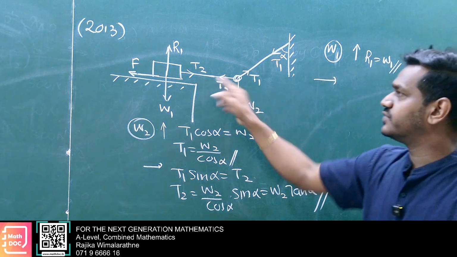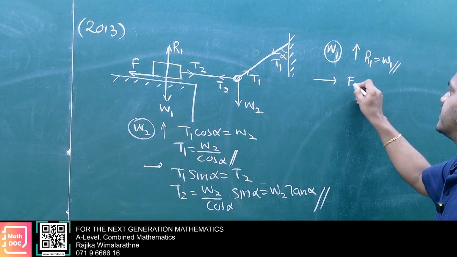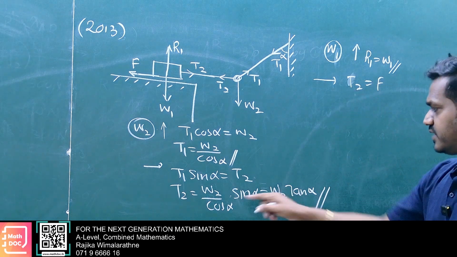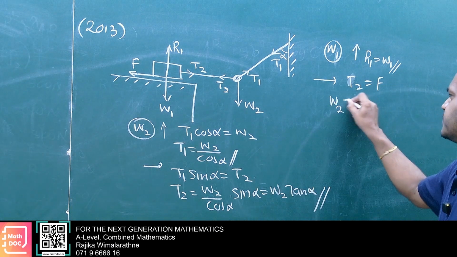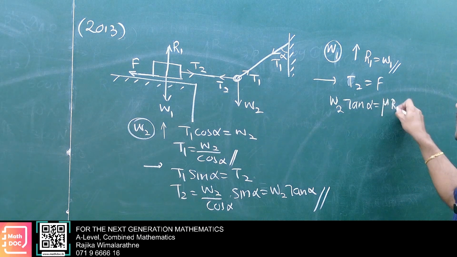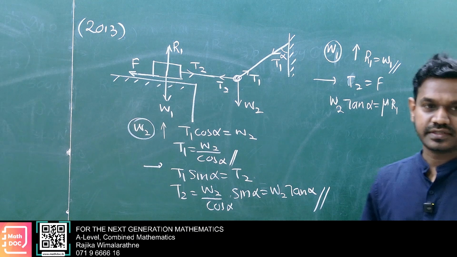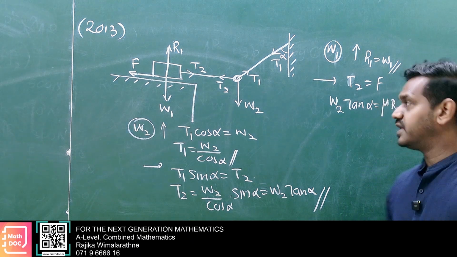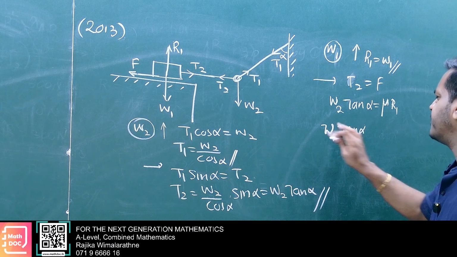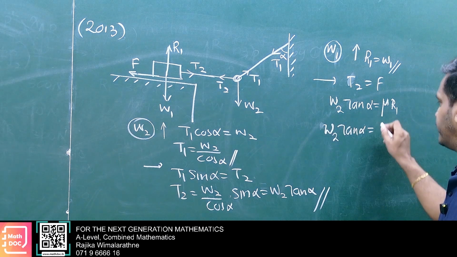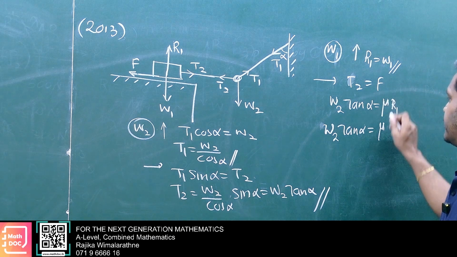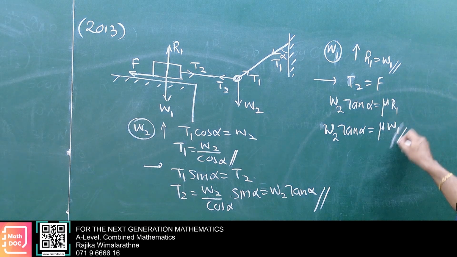Resolve horizontally, T2 equals F. T2 equals F, then T2 equals W2 tan alpha, and F equals mu R1, that is in limiting equilibrium, so put mu R. Then W2 tan alpha equals mu R1, equals mu W1. Then simple part.